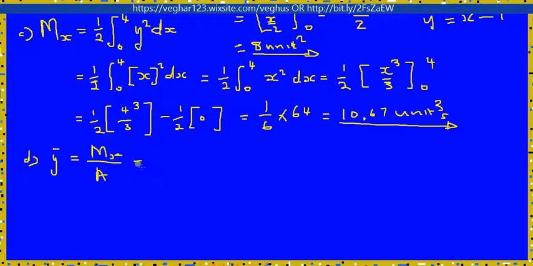Because they already calculated the previous values, this is how you calculate it.